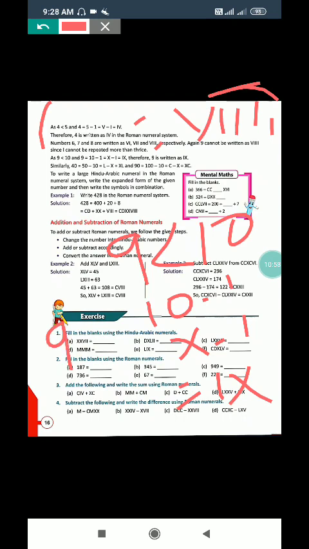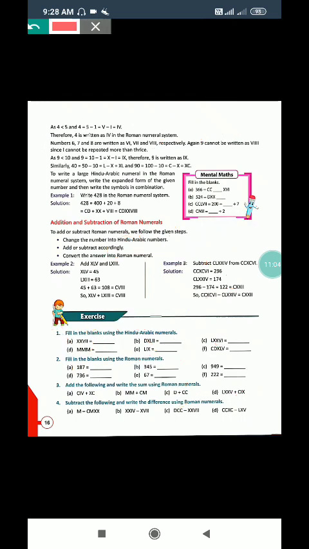Therefore 9 is written as IX. Understood? It is written over here, no need to write again. All the examples are written over here.